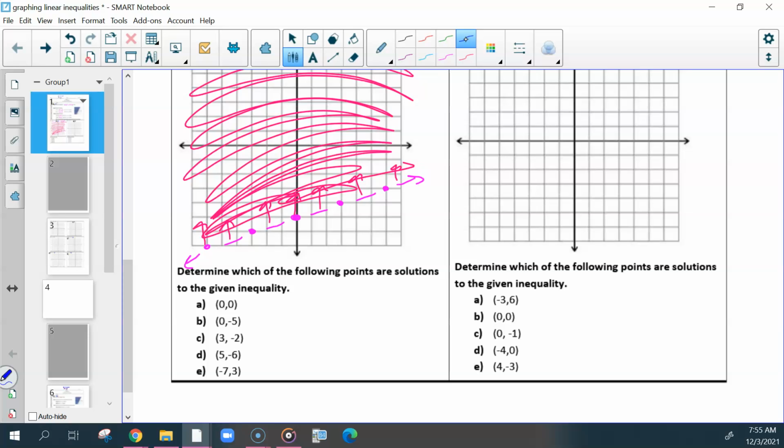I'm going to plot them just so we see them. 0, 0. If it falls in the shaded area, it's a solution. If it doesn't, it's not. So 0, 0 would or would not be a solution? Is 0, 0 in the shaded area? Yes. It would be a solution.